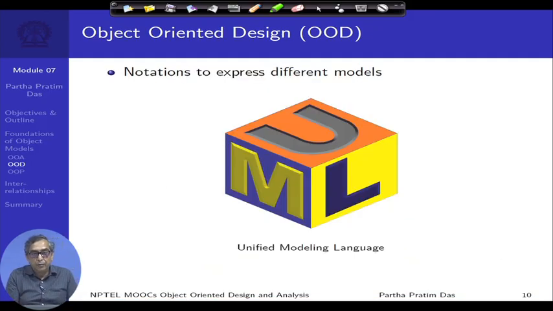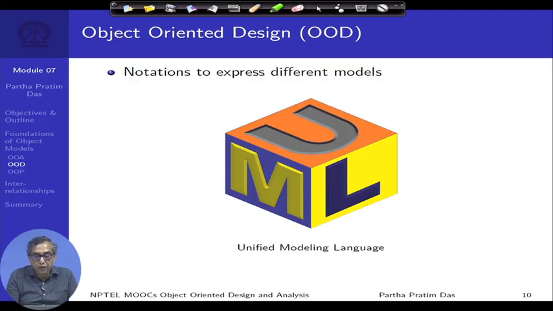Naturally, all these different models that object oriented design needs to deal with have to be expressed in some concrete terms, and you will find that a significant part of our course is dedicated to learning how to express these models.